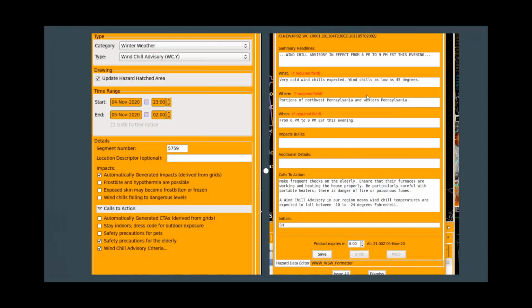We could put that in the where section of this product. We want suggestions because not all of us here are from this area, though I'm from here. So if you know things like, this is a really bad area for ice, we'll take any kind of suggestion.